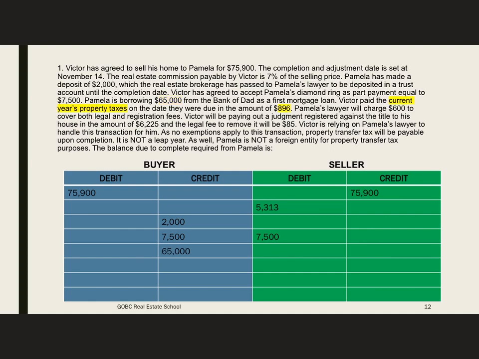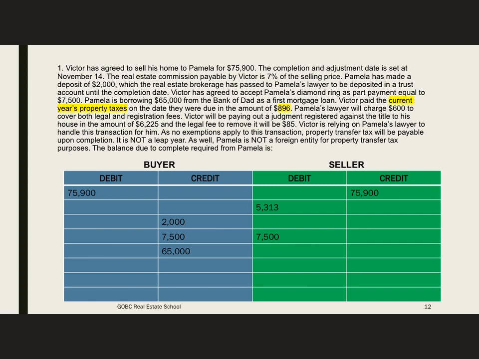So you see that we've put it in the credit column for Pamela. And again, why are we doing that with mortgage monies? Because if we put the $65,000 here in the debit column, now we just bumped up the sale price of the property by another $65,000, and that's obviously not what she's intending to pay. So we need to put that in the credit column to take that off of the price that she owes.